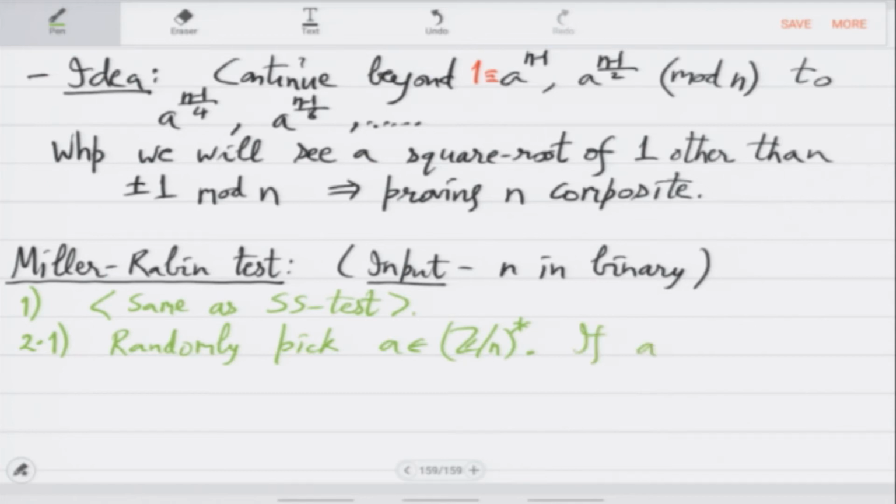Now if a raised to n minus 1 is not 1, then you will simply output composite. So let's assume it to be 1.